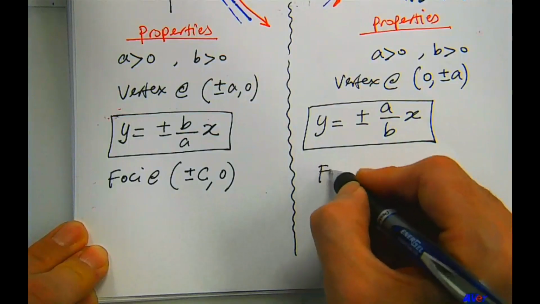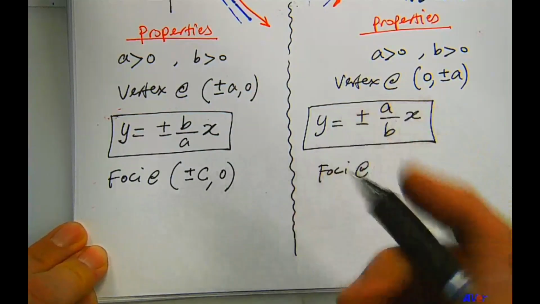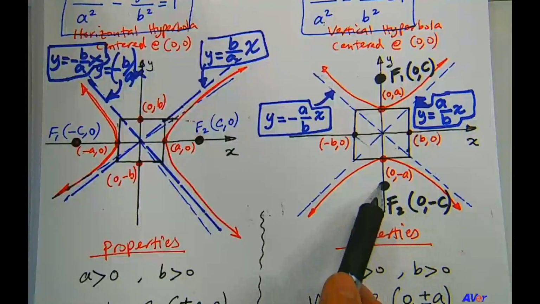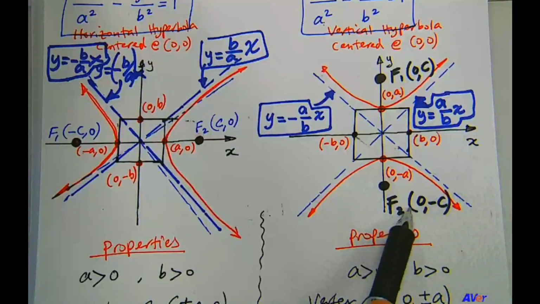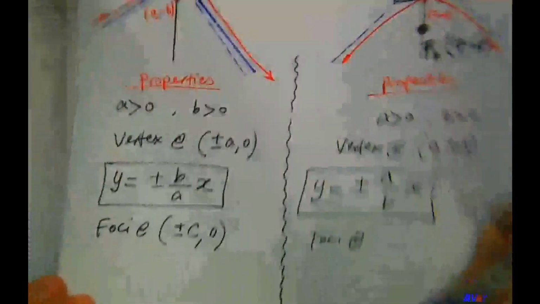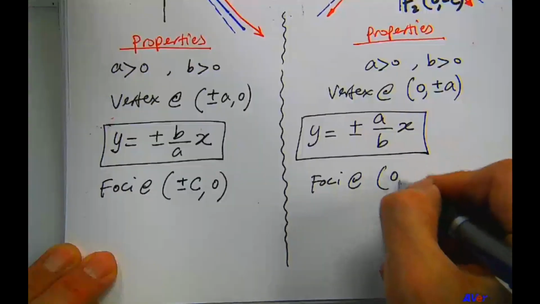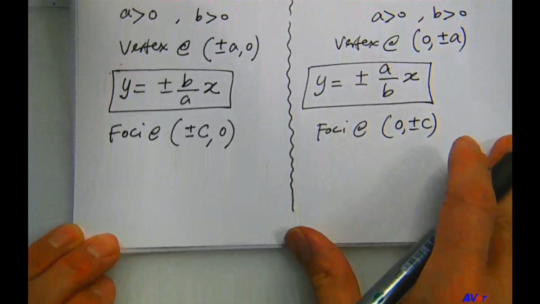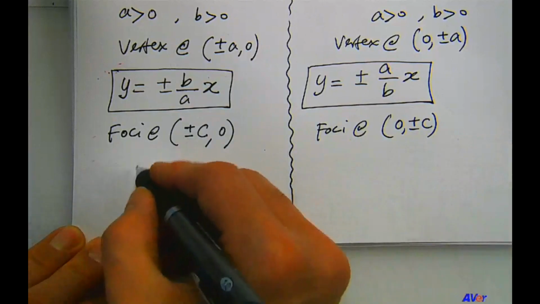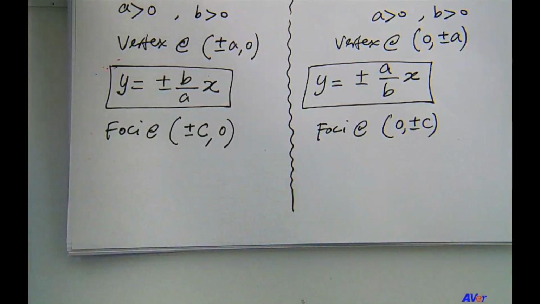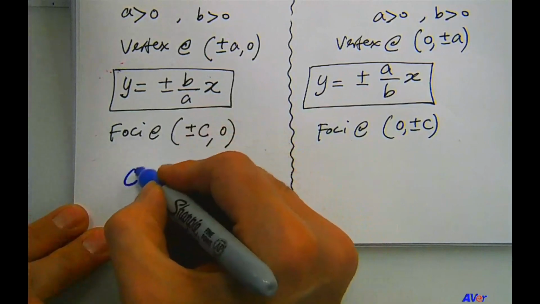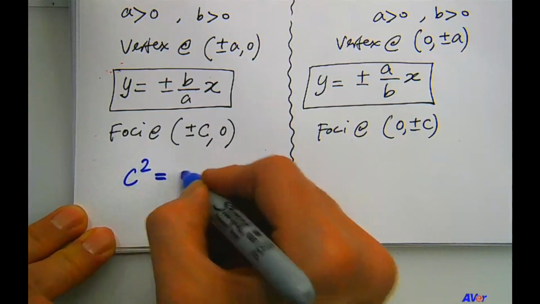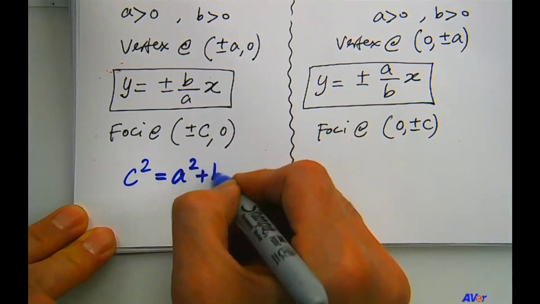And here the foci would be, because this is a vertical hyperbola, at 0 comma C and 0 comma negative C. So let's write that down, 0 comma plus or minus C. And of course, another formula that we haven't talked about yet is that C squared, the location of the focus point squared, is equal to A squared plus B squared.